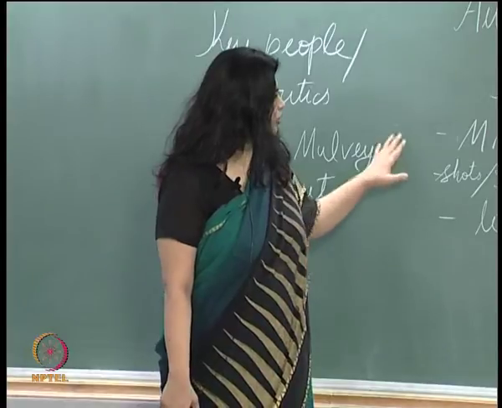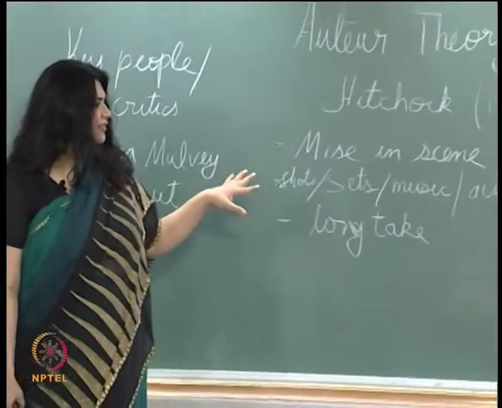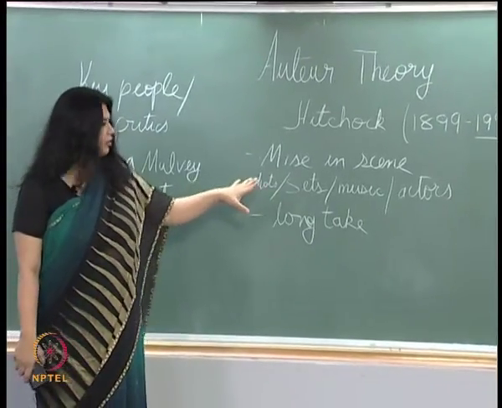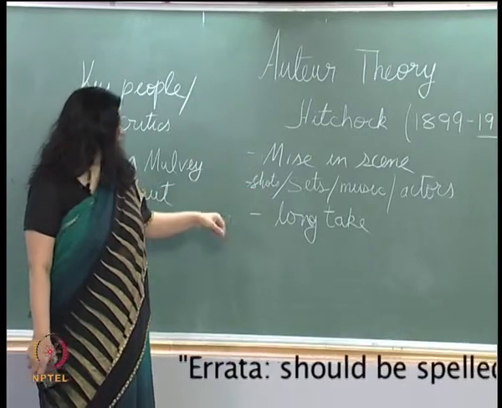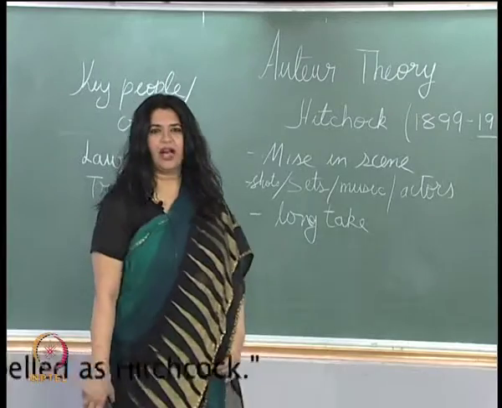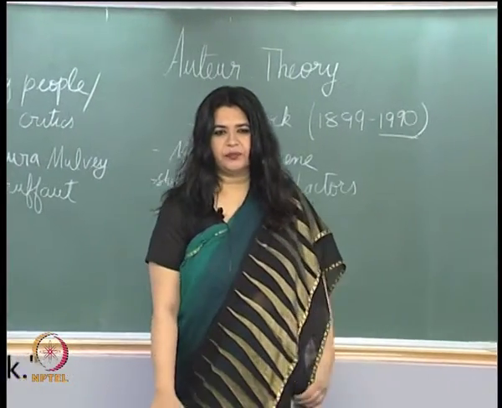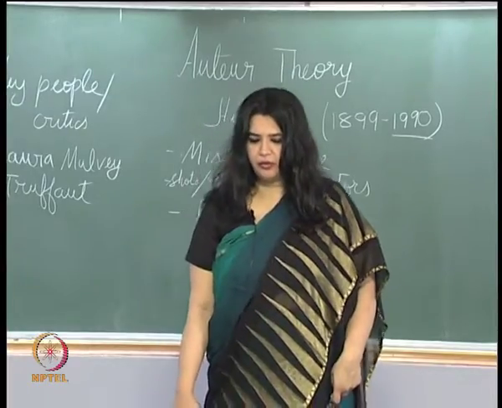So, we will be continuing our discussion of mise en scène, shots, sets, music, actors. Mise en scène includes all this apart from sound of course, and we will also talk about the long take and how Hitchcock introduced this, which has been now done to perfection in many other films also.